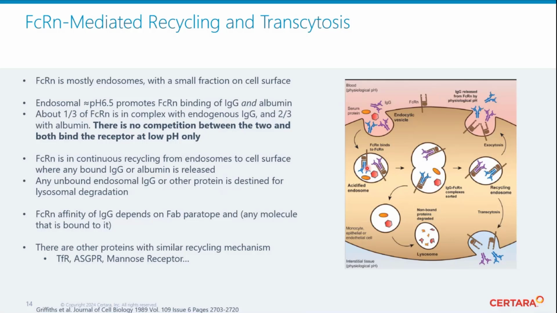What is bound will then be recycled back to either side of the cell, to the luminal or abluminal side. And this also opens a route for transcytosis. A small fraction is antibodies transferred from one side of the endothelial cell layer to another, but it's negligible. Sometimes it takes a lot of work to find it out the hard way.